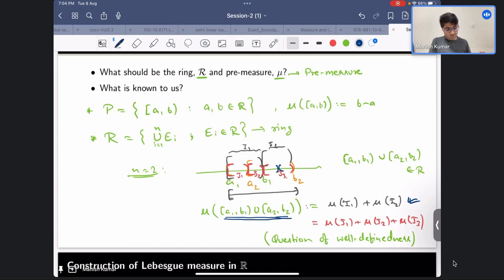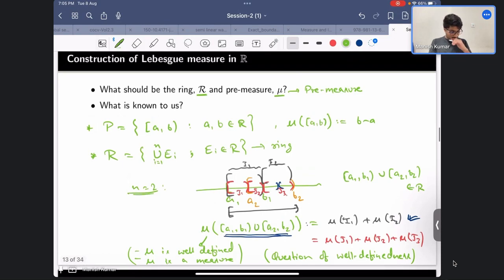And in fact you have seen in the lectures that mu is well defined, and mu is a measure as well. We have seen these two things, right? So this mu, the way I have defined it here, is well defined and is in fact a measure. Okay, so this is how we can start.